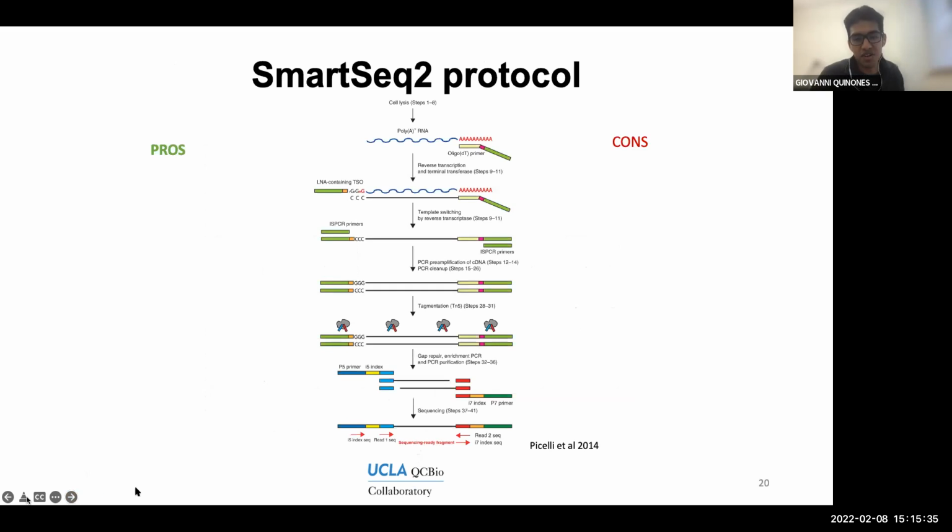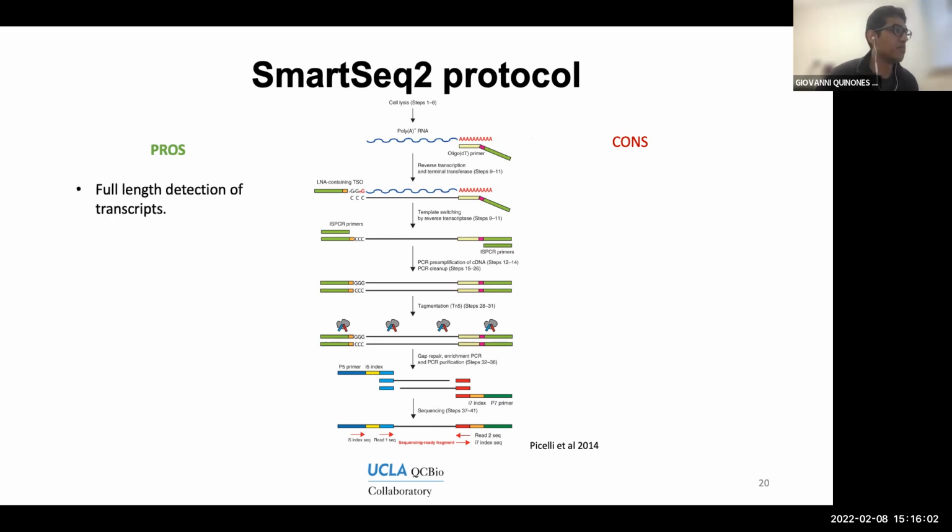So now we're going to go into a little bit of detail into two protocols. I wanted to start with the SMART-seq2 protocol, which, if you remember, is the one where you capture the full length of the transcript but does not have UMI.